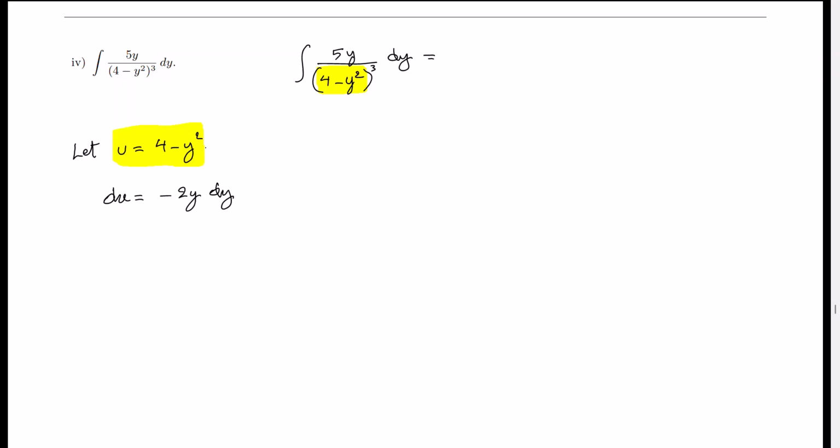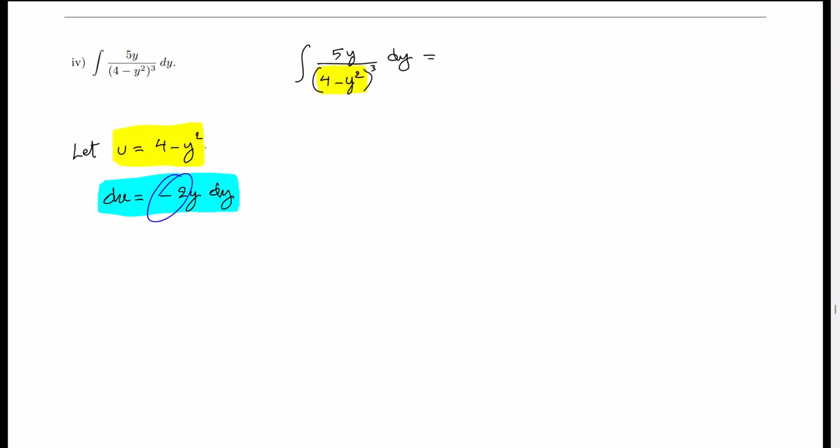So we always multiply both sides to move it across. So this is my du, and the question now is, how do you know if you're doing it right or not? You should be able to see dy on the numerator, you should be able to see y on the numerator, and you should be able to see a negative 2.